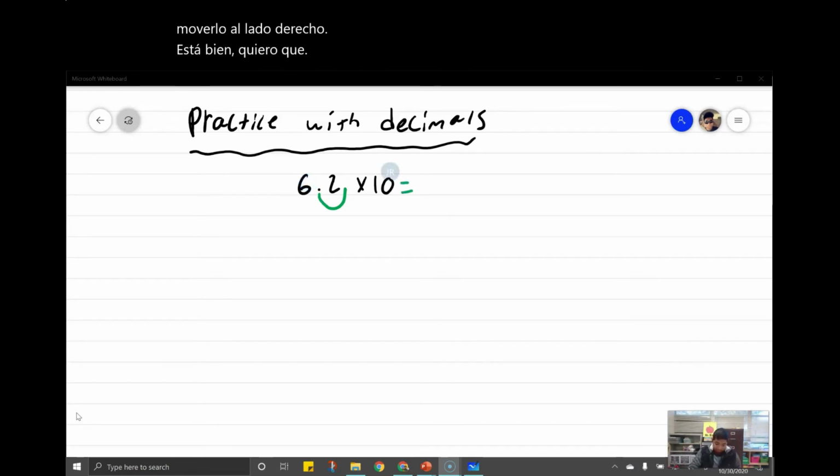So it turns into 62. At first, this 6 right here was in the ones place. But when I moved that decimal behind the 2, that put the 2 in the ones place and the 6 in the tens place. Okay?